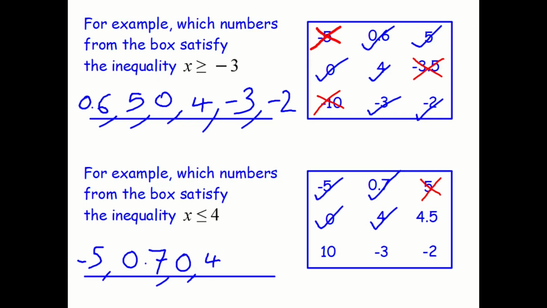So it satisfies this criteria that x is less than or equal to 4. 4.5 is obviously greater than 4, so that doesn't apply. 10, no, that doesn't apply either. Minus 3 does. Minus 3 is okay. And minus 2 is okay as well.